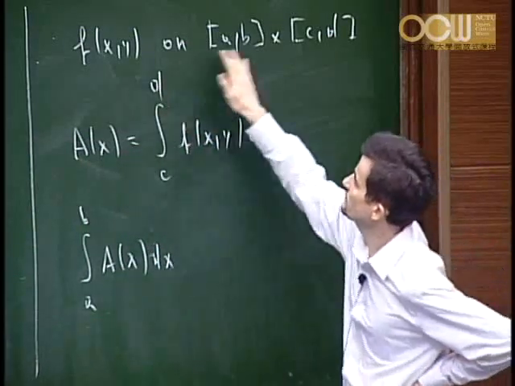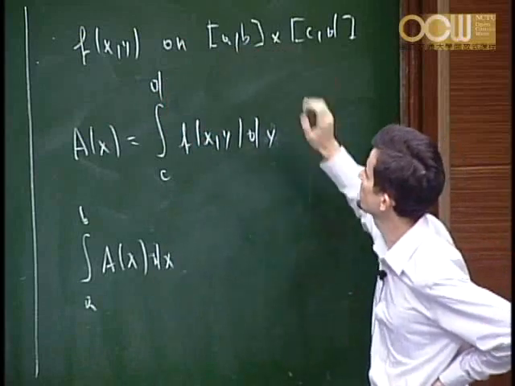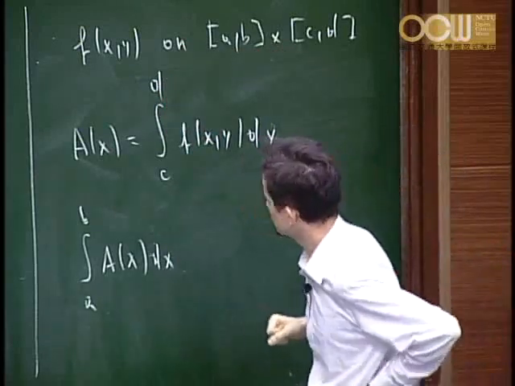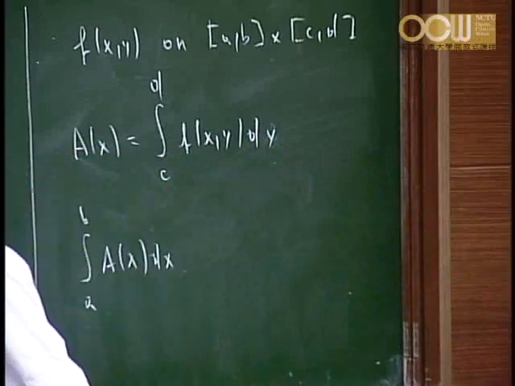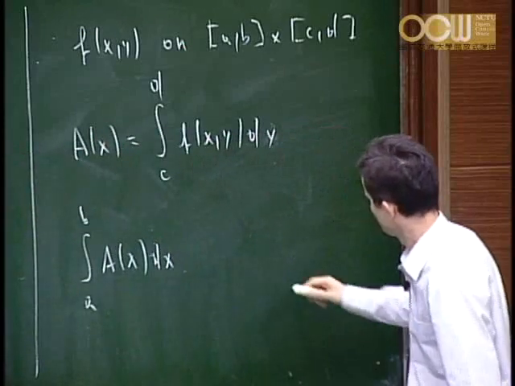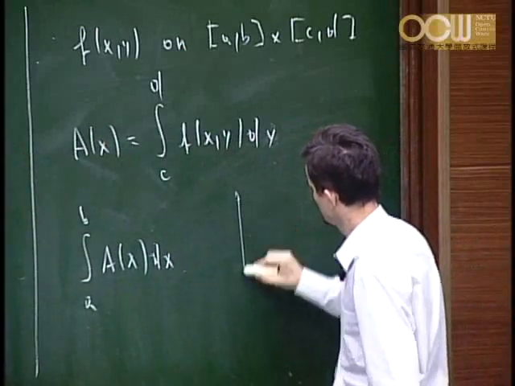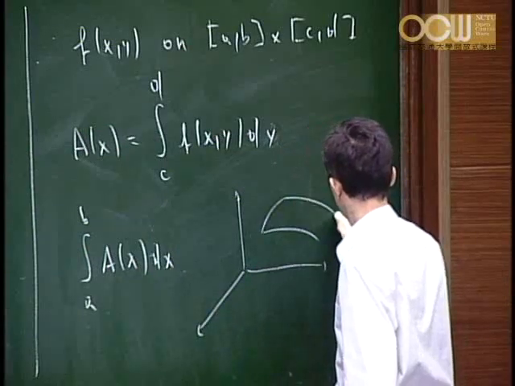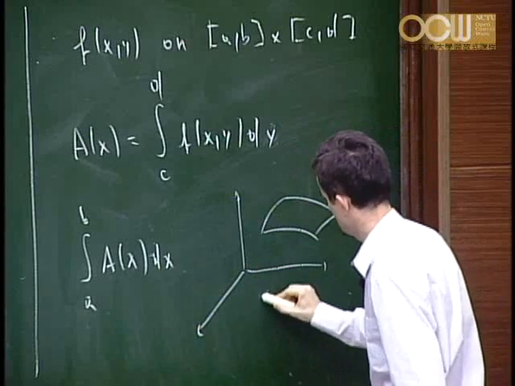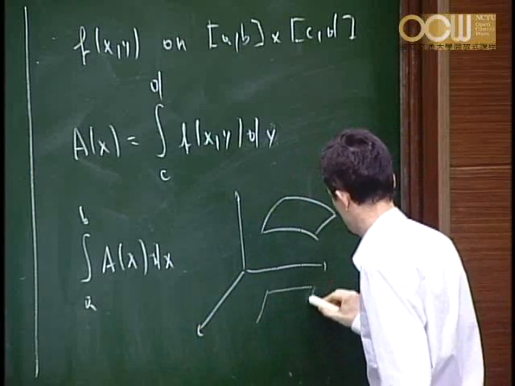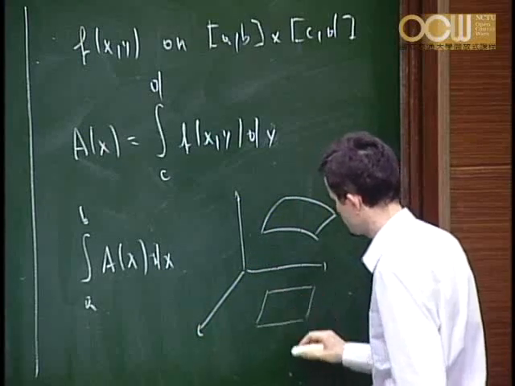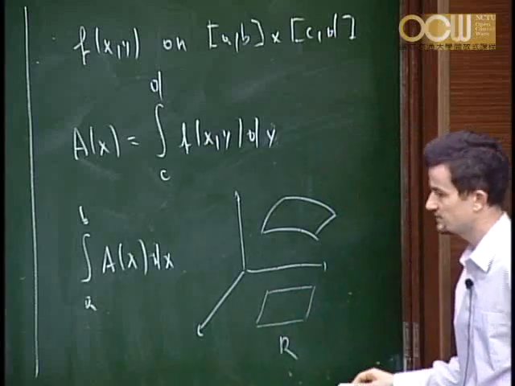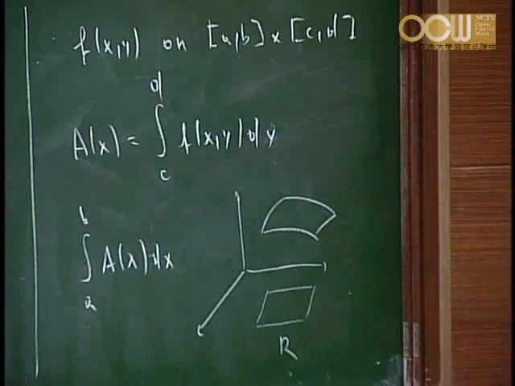So you see, you have here this function, the surface, which is somehow, I cannot really draw it. Maybe I try. Okay, so this is the rectangle R here, and this is the surface which is sitting above the rectangle.